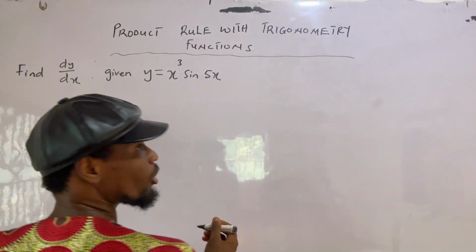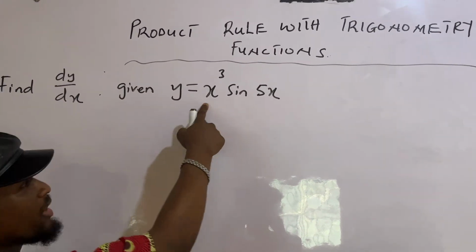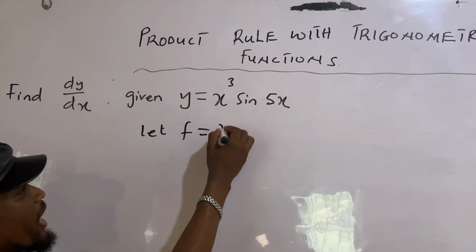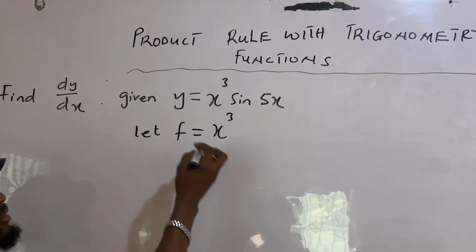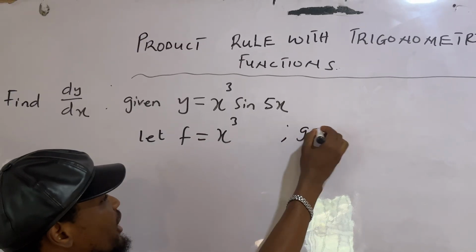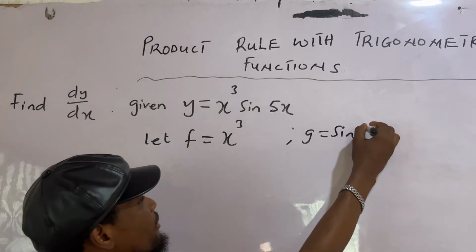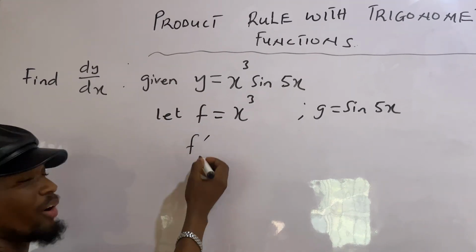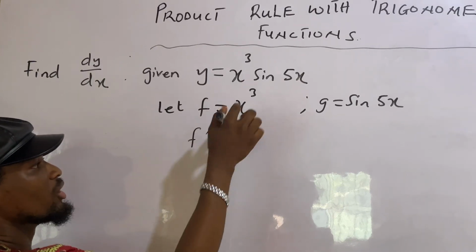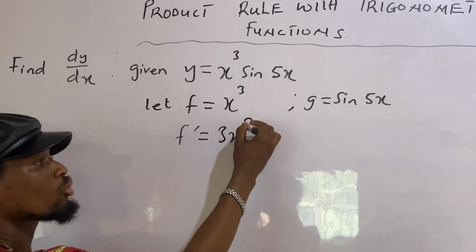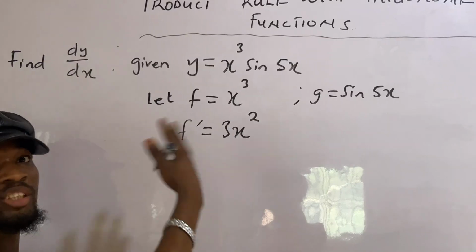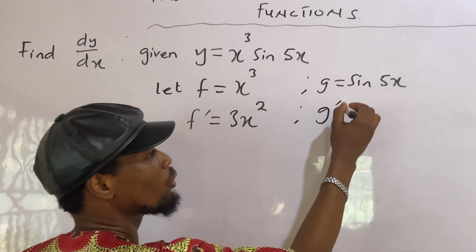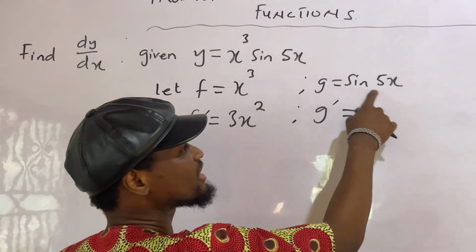Let the function f be equal to x cubed, and j be equal to sine 5x. If you differentiate f, you get f prime, which is equal to 3x to the power 2. We've been doing this all this while. When you differentiate j, you get j prime, which is equal to, if you differentiate this, what do you have?